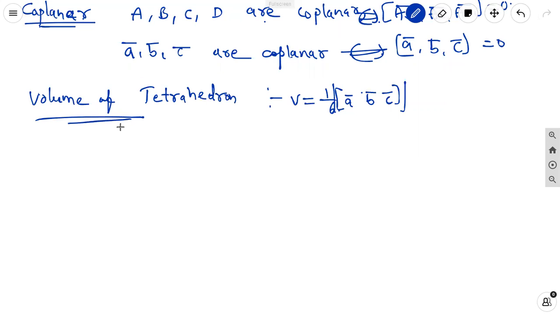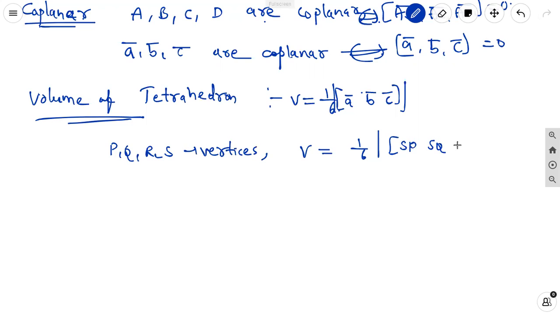And if P, Q, R, S are the vertices, then the volume of the tetrahedron V is equal to 1 by 6 times the modulus of the determinant [SP, SQ, SR].